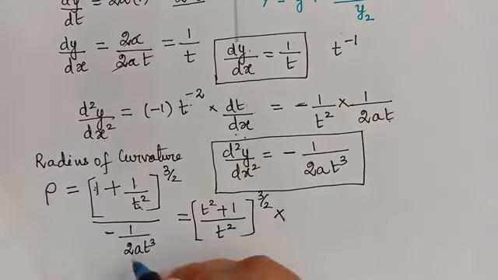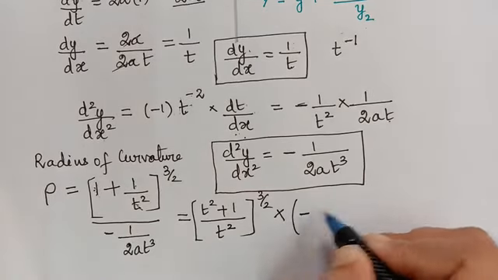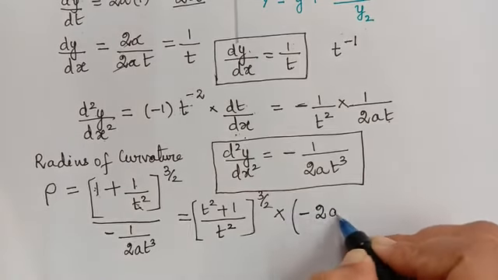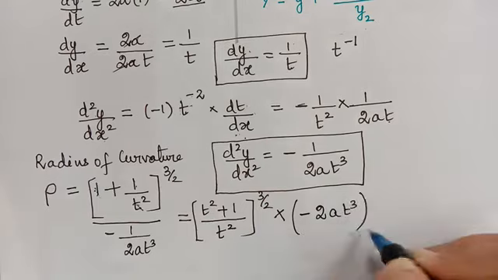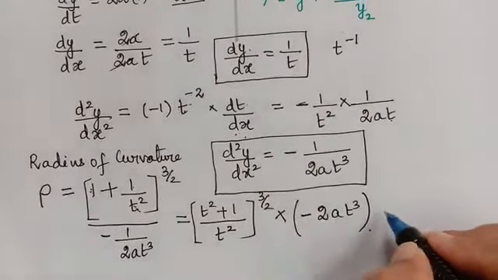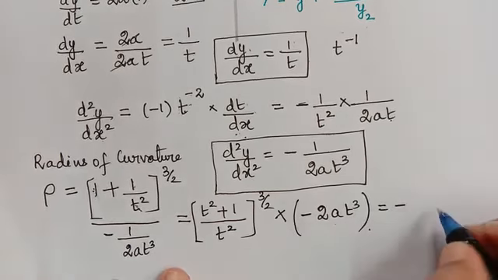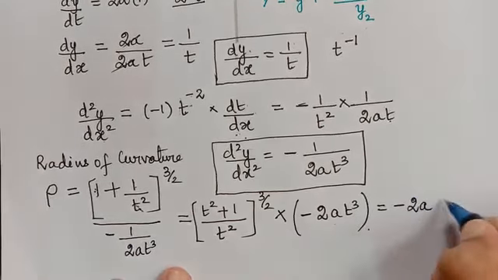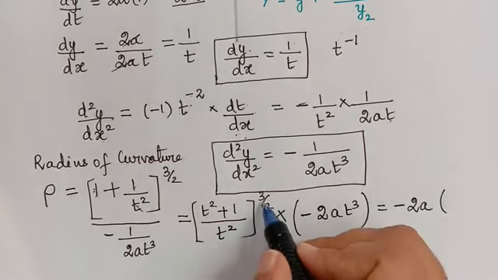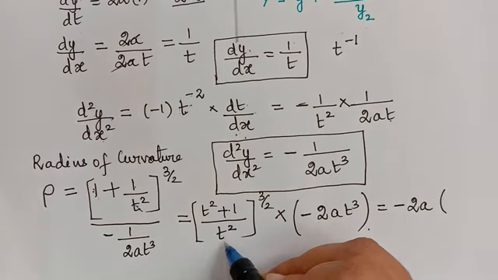When it goes in multiplication, this will come to the numerator, and so we will have the negative sign and then 2a t cube. Now this negative sign can be taken in the front, so this will be equal to minus, and this 2a is also a constant, so 2a multiplied with, now this power 3 by 2 is common to both the numerator as well as the denominator.